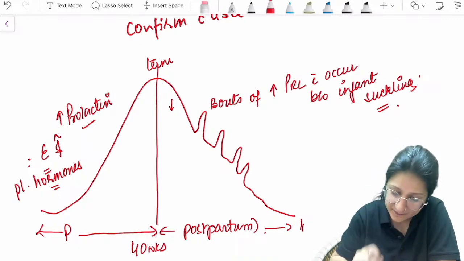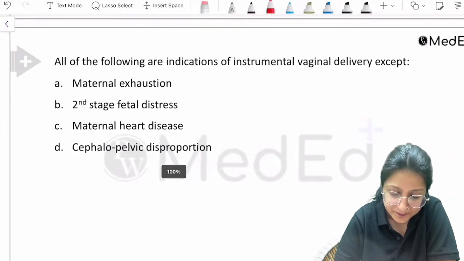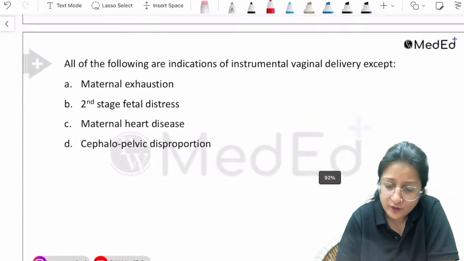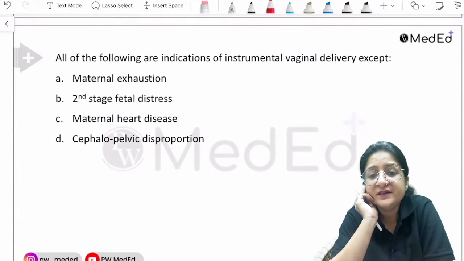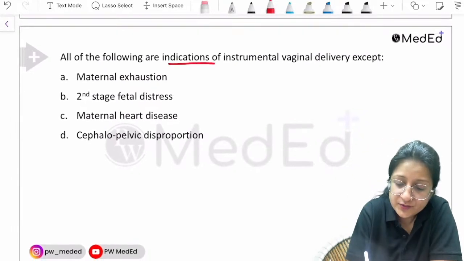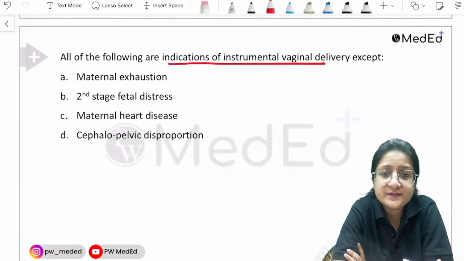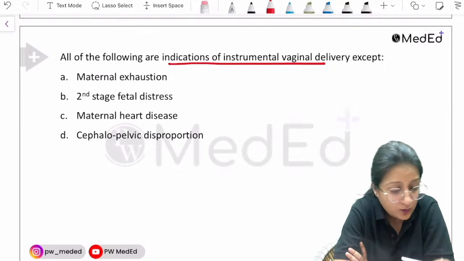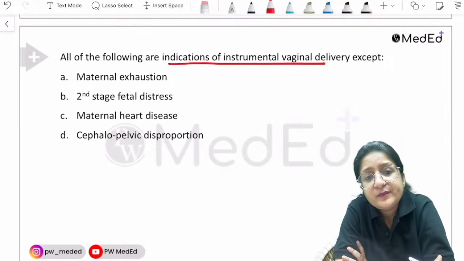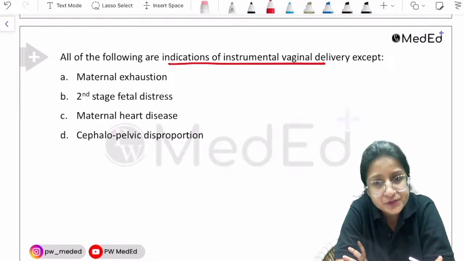Okay, now let's come to the next question. All of the following are indications of instrumental vaginal delivery except, whether vacuum delivery or forceps delivery. So, when are we going to go for instrumental vaginal delivery? There are only a few valid indications.